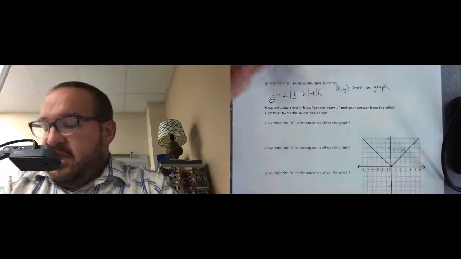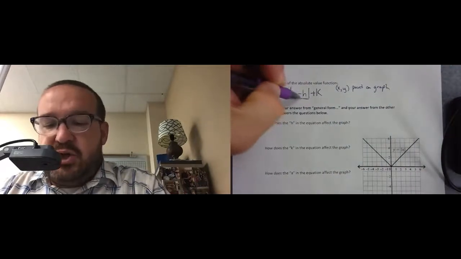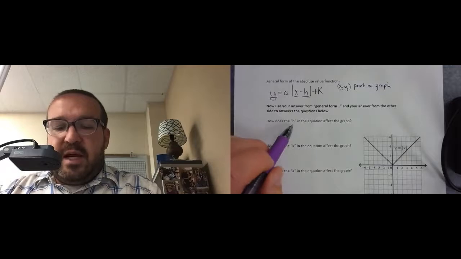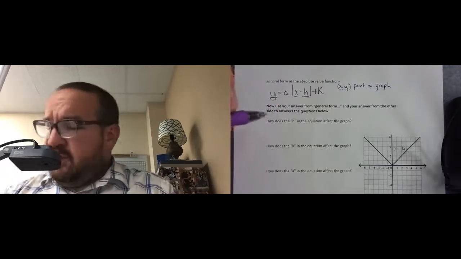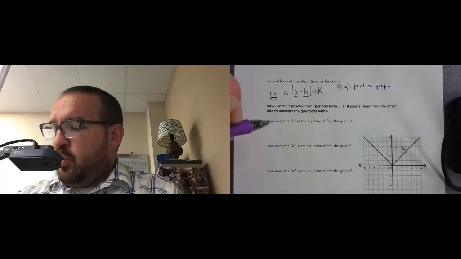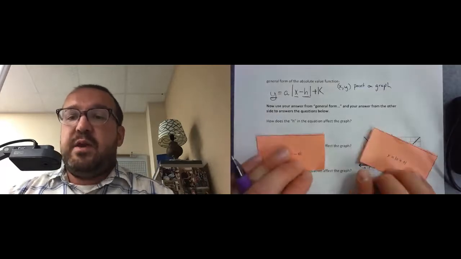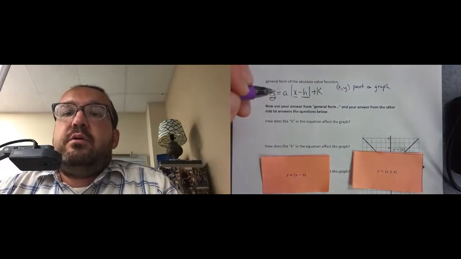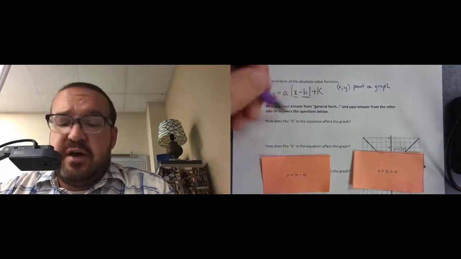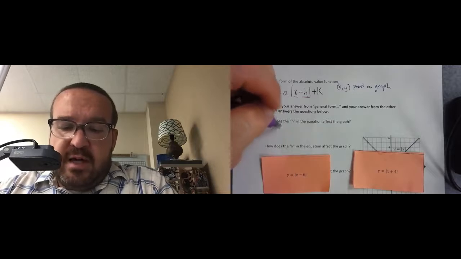All right, the other three letters, let's go through them. H: if you notice how it affected the graph, whether it was positive or negative, it affected it in a horizontal transformation, a horizontal shift. So the H shifted it horizontally.